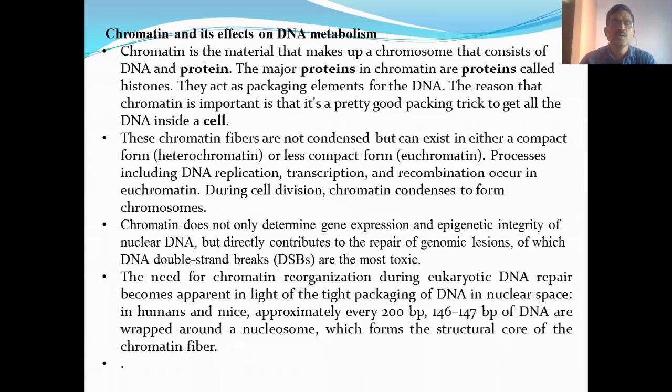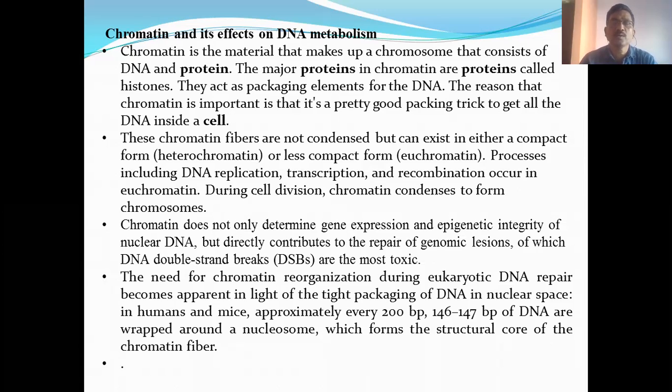What is the nucleosome? Nucleosome is nothing but a small bead-like structure present on the chromatin, and this bead contains the octamer of the histone protein. The histone proteins are divided into different types: H2A, H2B, H3, H4.